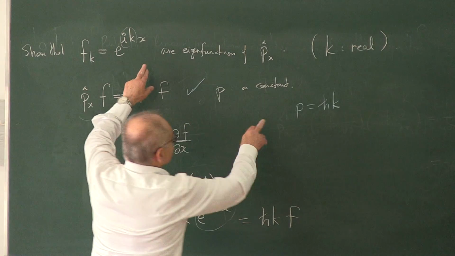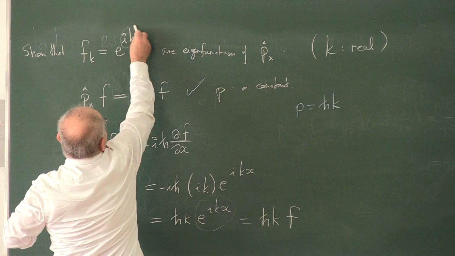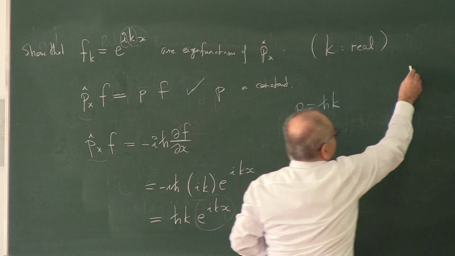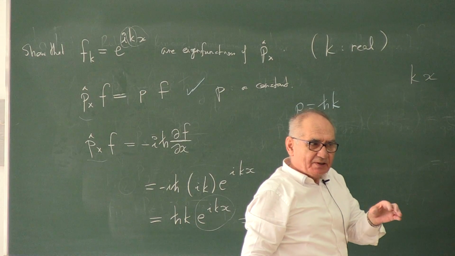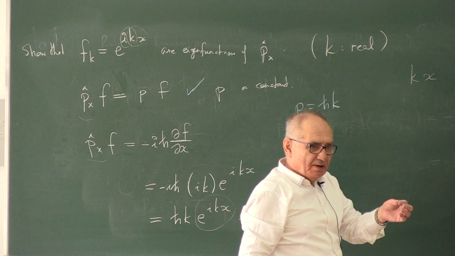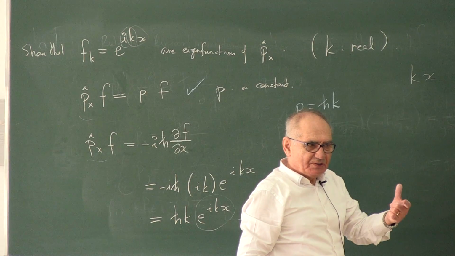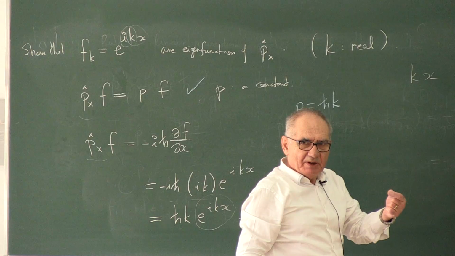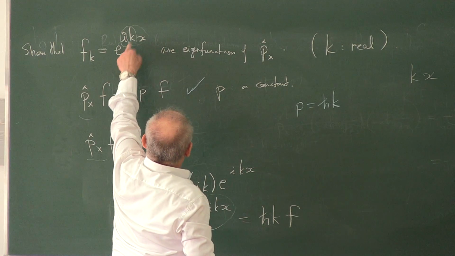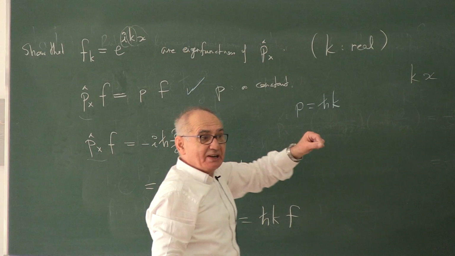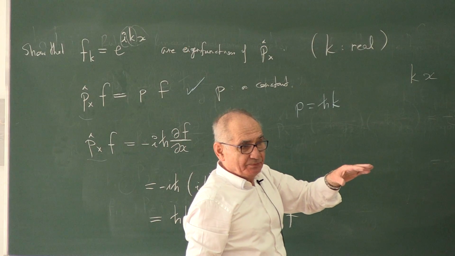Now, k will have a unit. Look at here. k times x. What is x? Distance. What is the SI unit for distance? Meter. k times x, because it occurs in the exponential, cannot have any unit.